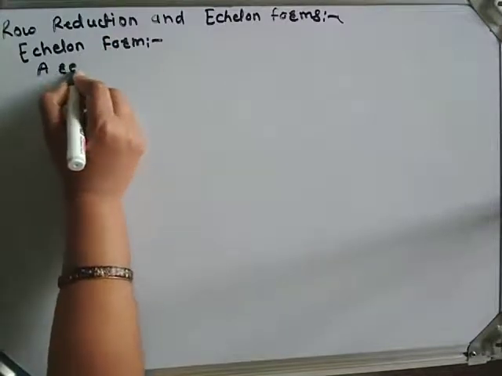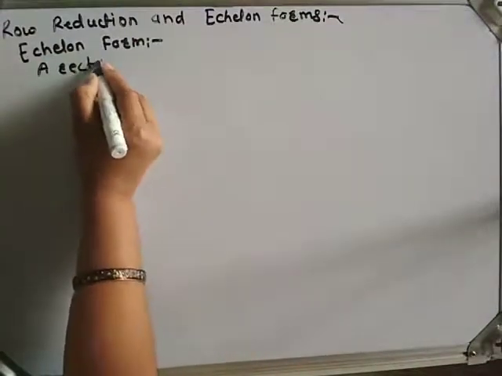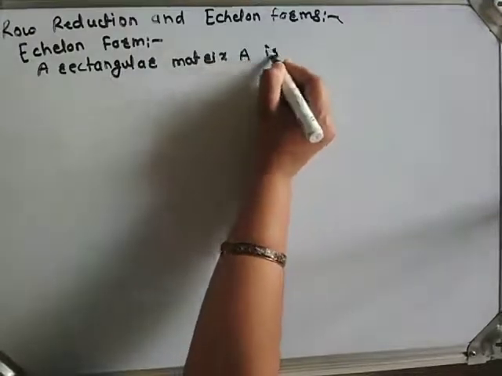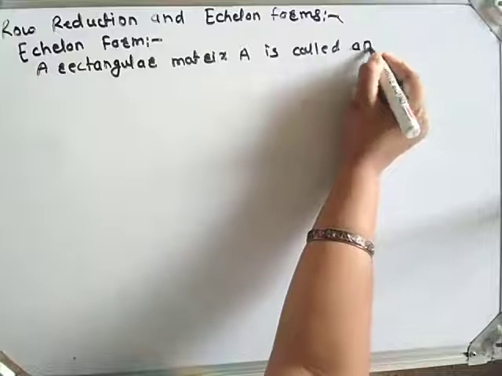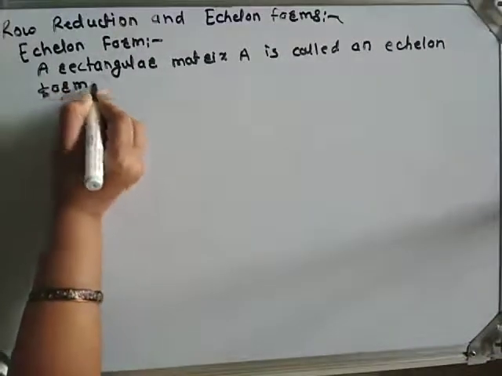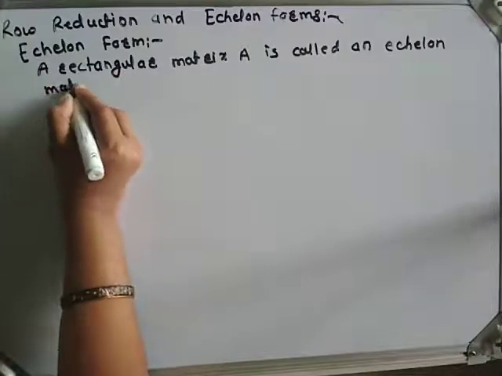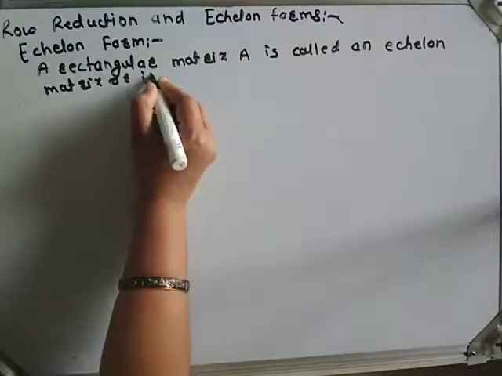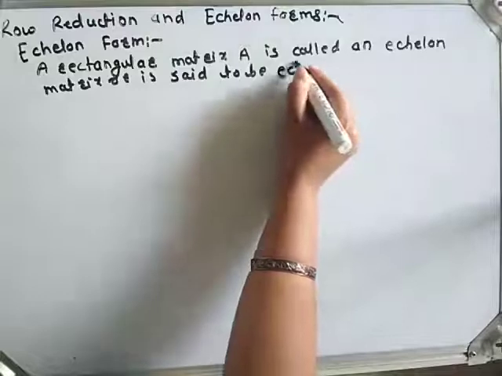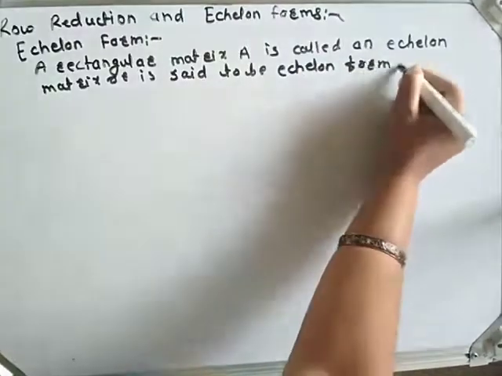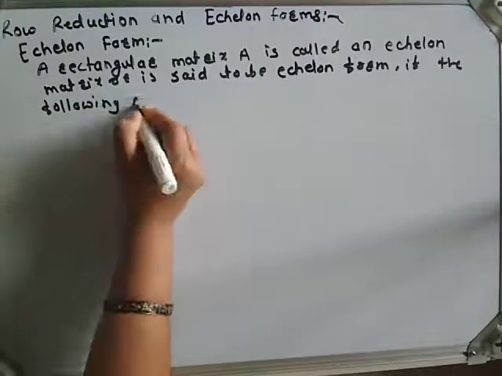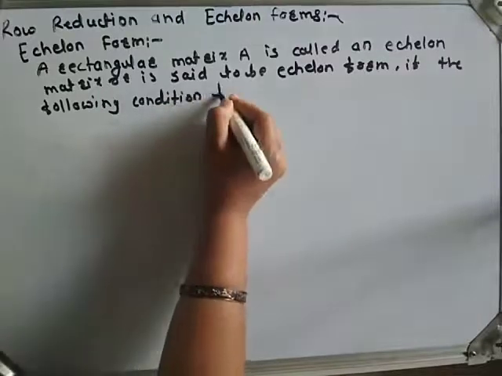A rectangular matrix A is called an echelon matrix, or is said to be in echelon form, if the following conditions hold.